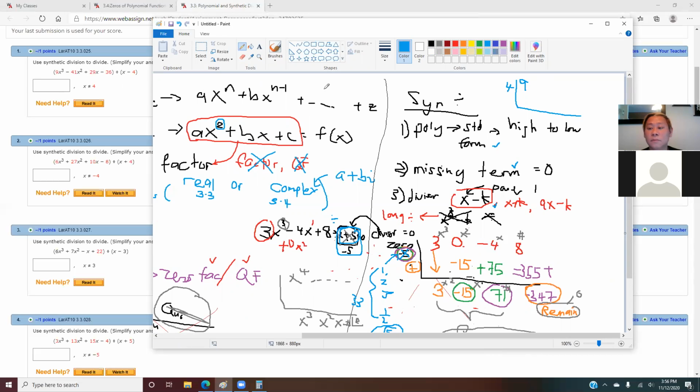Okay, so you put the 9 and then you put the 41, with no negative, otherwise you get it wrong. Okay, next. And then you put the 29, followed by? -36. Very good. So this is how you start doing your synthetic division.